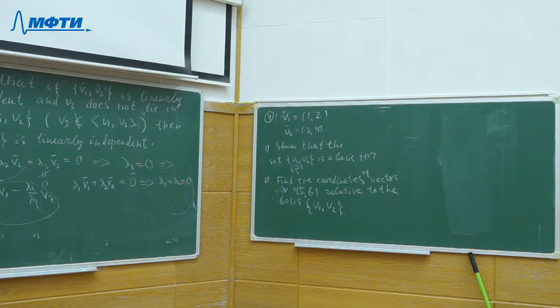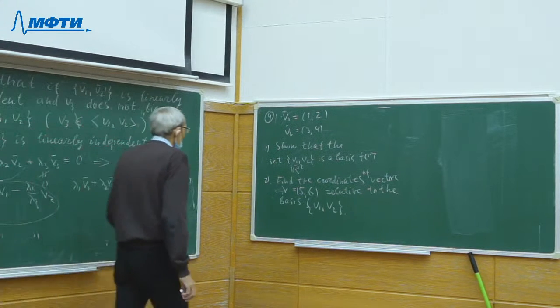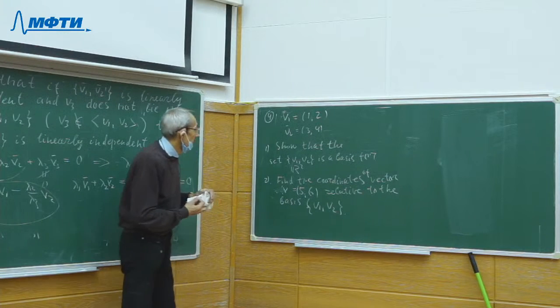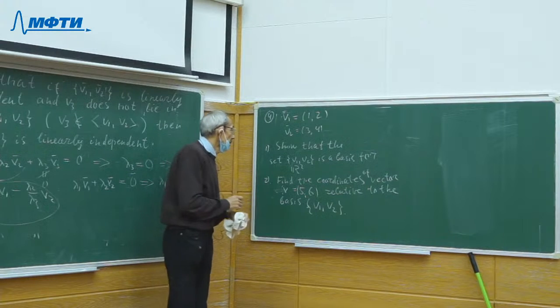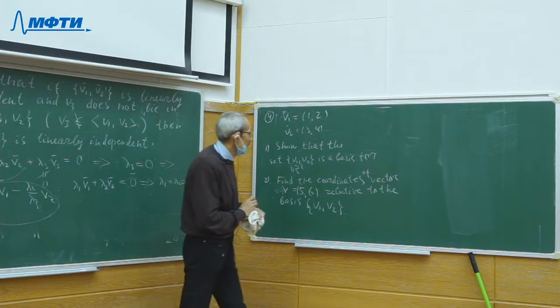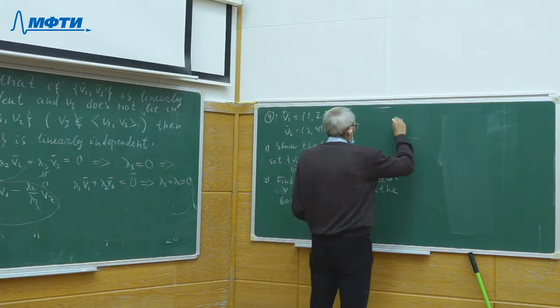Let's try to solve item 1 of this exercise and show that the vectors v1, v2 form a basis for R2.